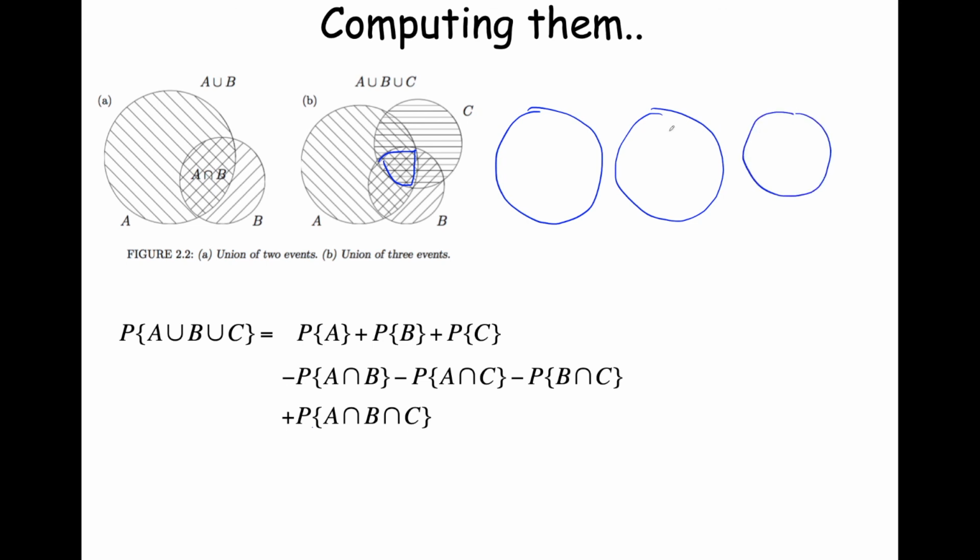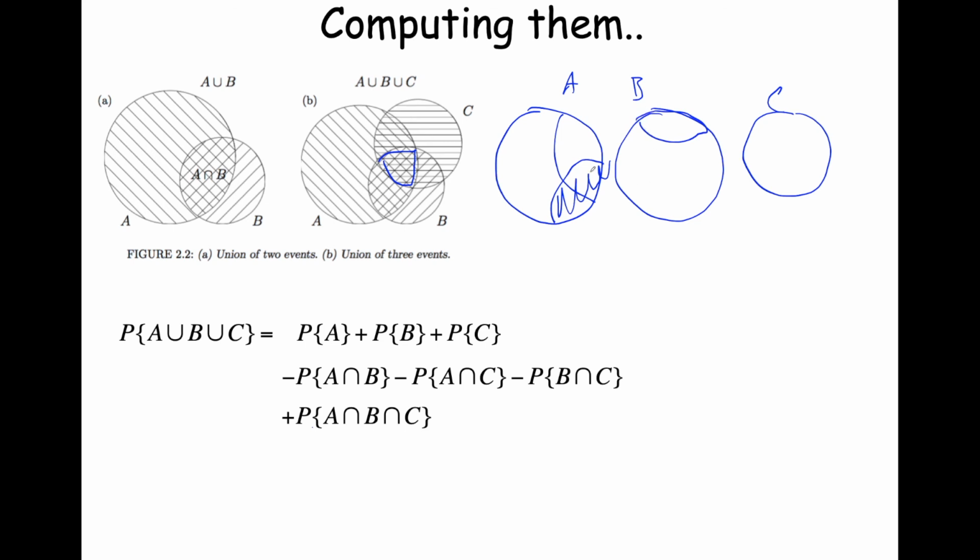take the C, add that probability, and then for the A, we subtract out A's intersect region with B, and then we take the intersect region that A has with C, we subtract that out, right? And then we take the intersect region that B has with C, we subtract that part out.